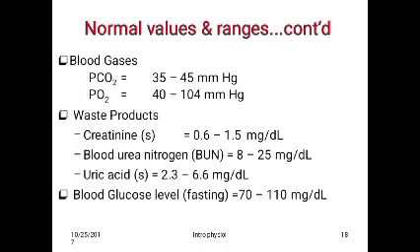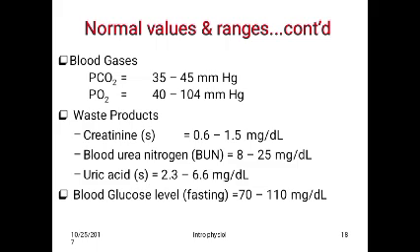Normal values and ranges continue. Blood gas: PCO2 equals 35 up to 45 mmHg. PO2 40 up to 104 mmHg. Waste products: creatinine, or S-creatinine, equals 0.6 up to 1.5 milligram per dL.